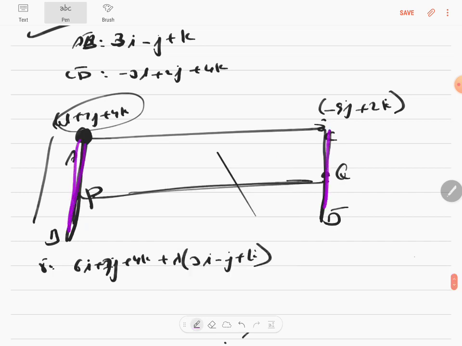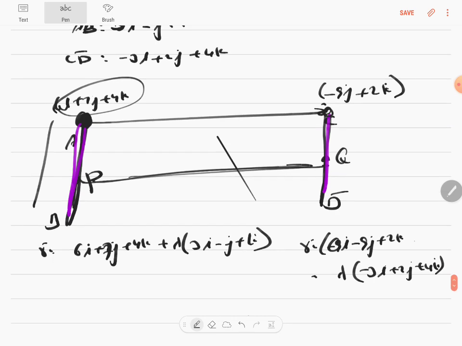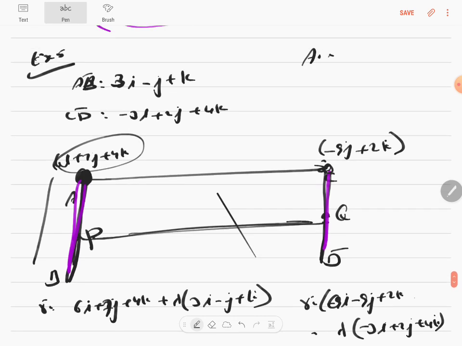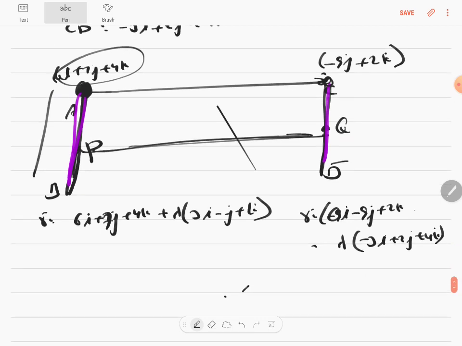Similarly, CD is very easy to get: R vector is equal to 0i minus 9j plus 2k, passing through this point, plus lambda times the CD vector which is minus 3i plus 2j plus 4k, which has been given. AB and CD are not parallel because they are not proportional, but just that I've drawn it like this. So thus you get these two lines.